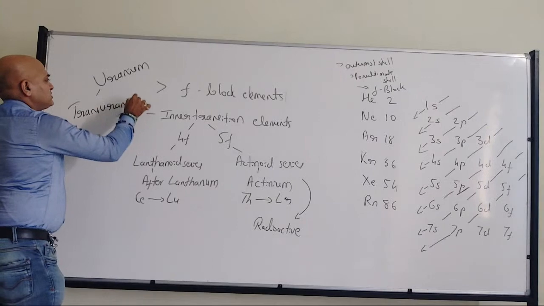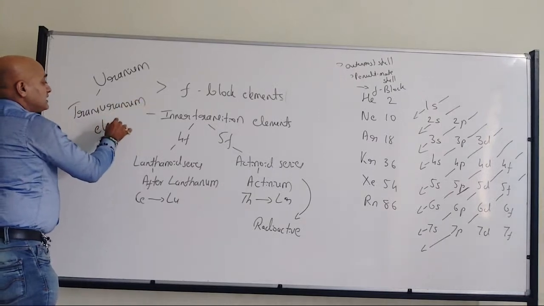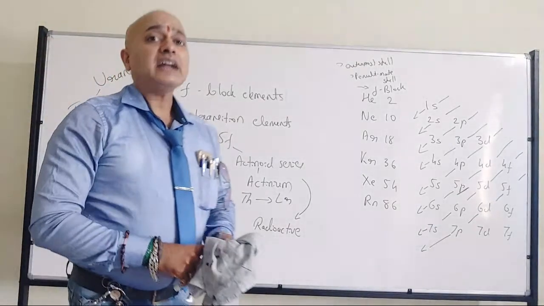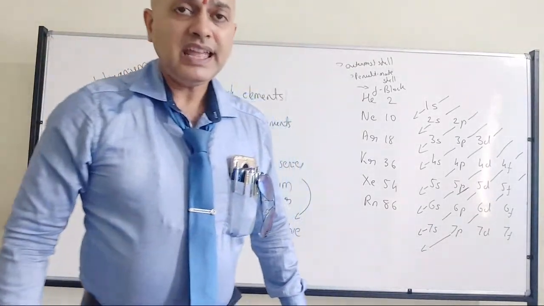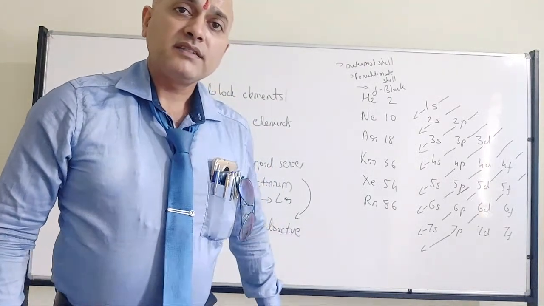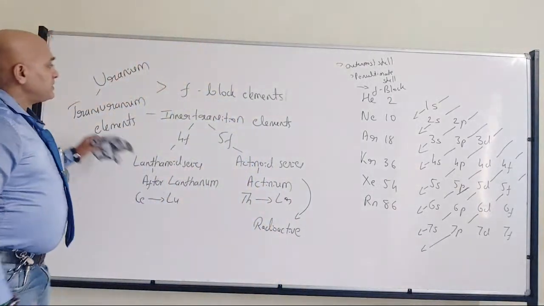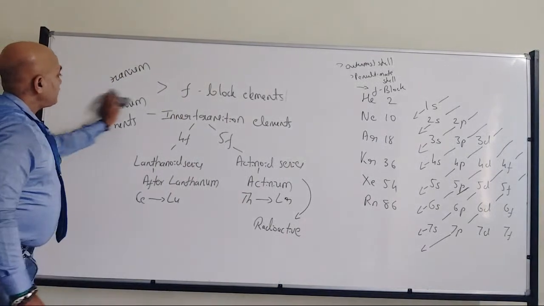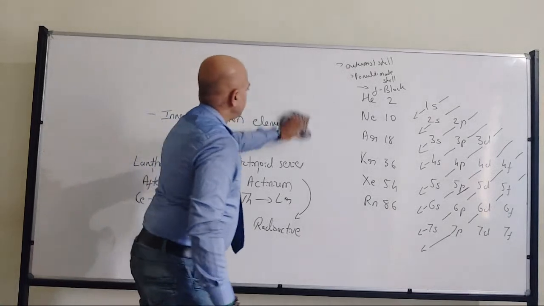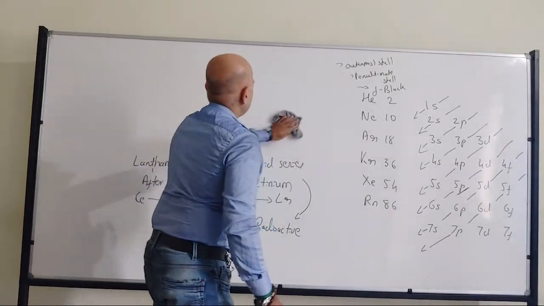So what are transuranium elements? These are the elements which are present after uranium in the actinoid series. All of you have understood? Fine. So these are some of the points related to f block elements.